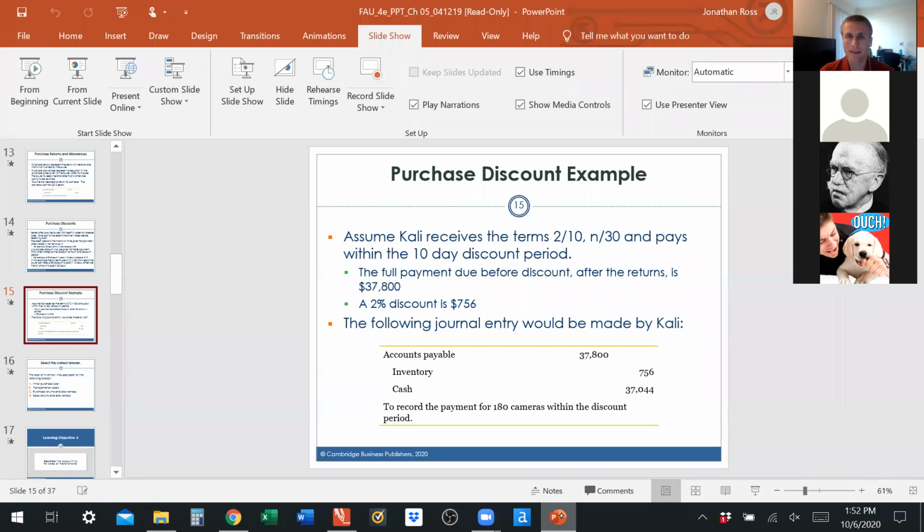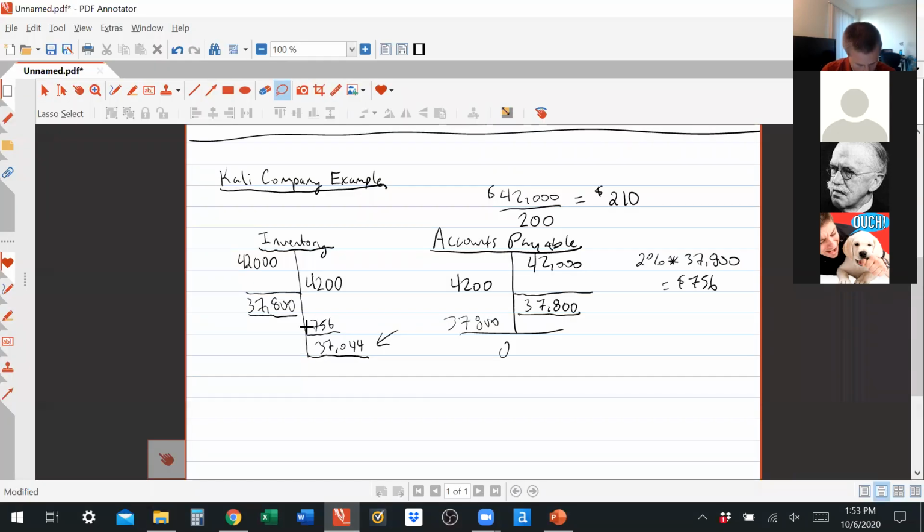When you pay within the discount period for items that you purchased previously, you're going to get a discount. The amount of the discount, you have to reduce inventory with a credit to inventory for the amount of the discount. And I explained why you have to do that. It's so that the balance in your inventory account after doing it, which would be 37,044, has to match what you've paid in cash for those cameras that are sitting there currently in your inventory.